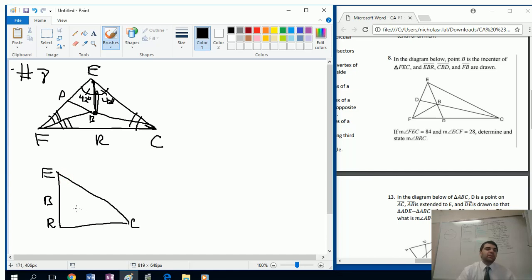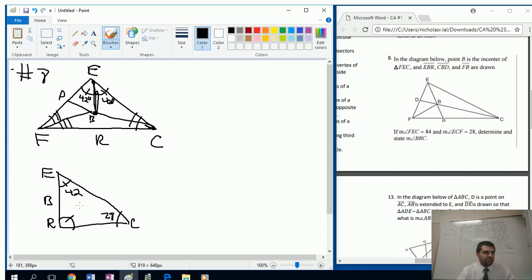This is not a right triangle, but I'm drawing it like this anyway. So R, we have a value there. Then C is going to be equal to ECF. That's going to be equal to 28. And then this angle is going to be equal to 42.